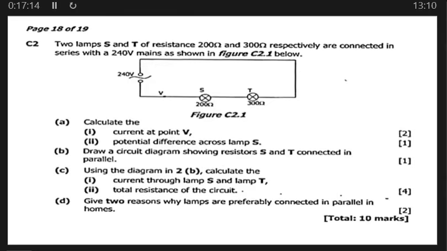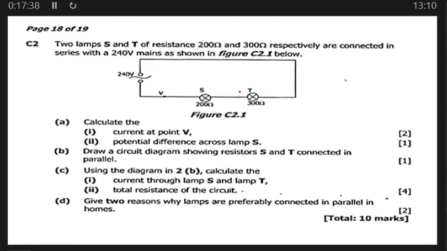So now let's go to the next question. The next question is C2. C2 says two lamps S and T of resistance 200 ohms and 300 ohms respectively are connected in series with a 240 V mains as shown in figure C2.1 below.